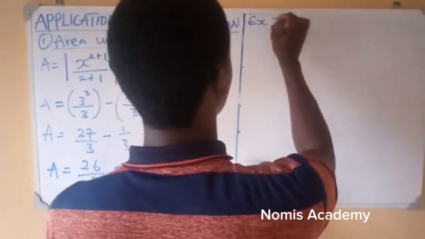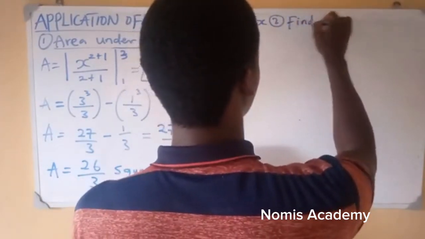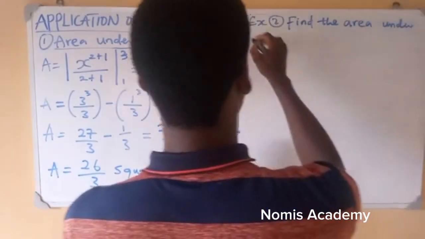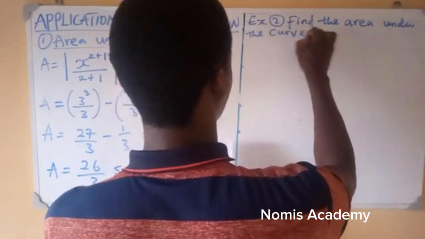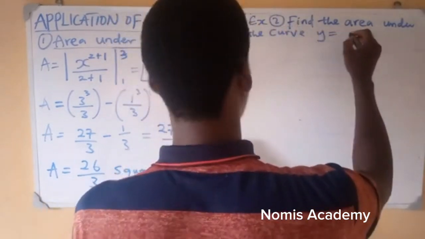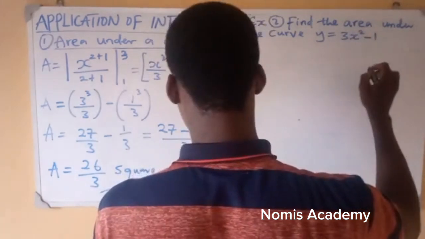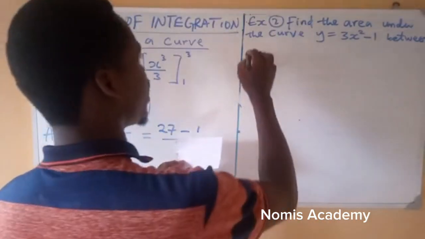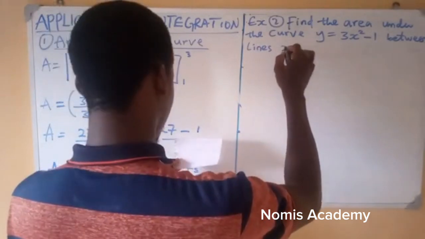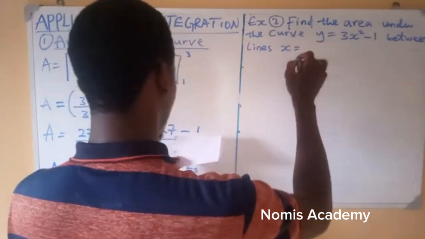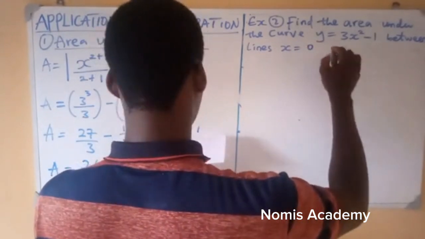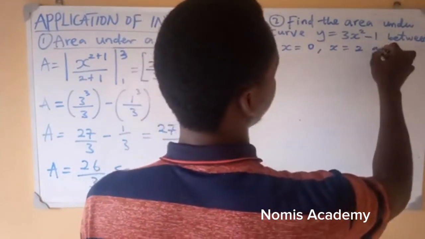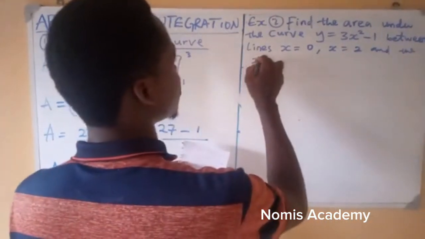Example 2 says find the area under the curve y equal to 3x squared minus 1 between lines x equal to 0 and x equal to 2 and the x-axis.